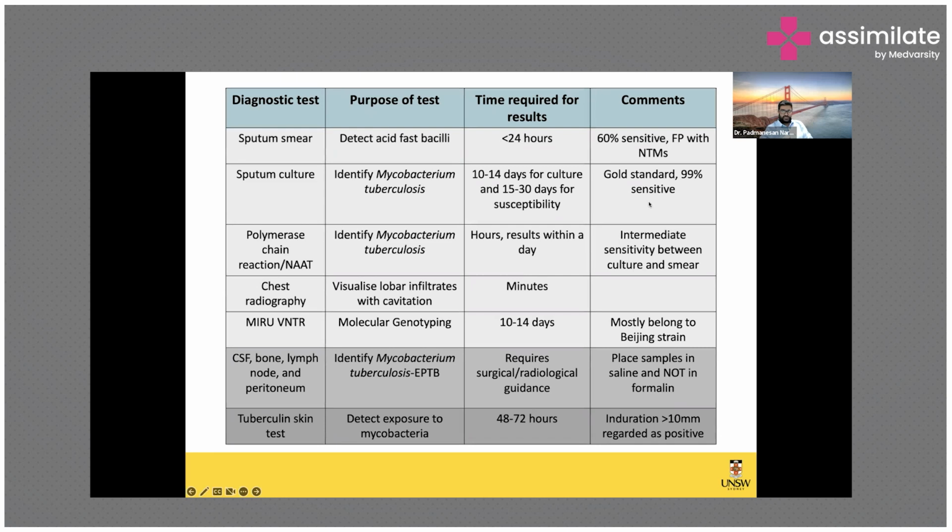But the gold standard is to do a sputum culture, but usually it takes a long time. In terms of genotyping, it's not commonly done, but it's very useful in Western countries like where I live. In Australia, it's a routine test to understand the genotyping.